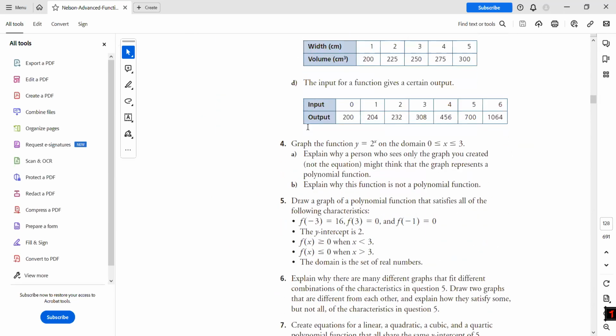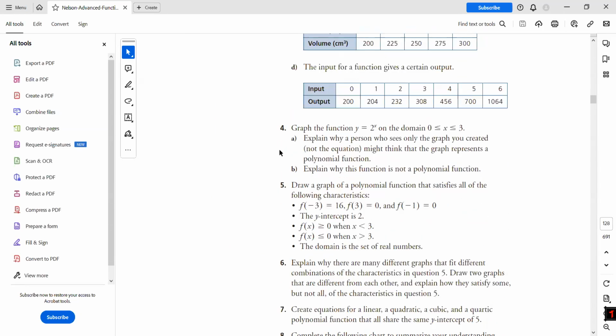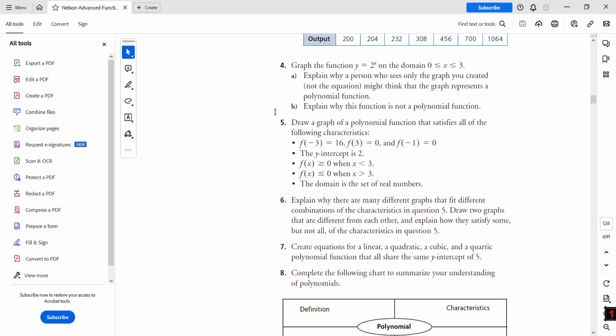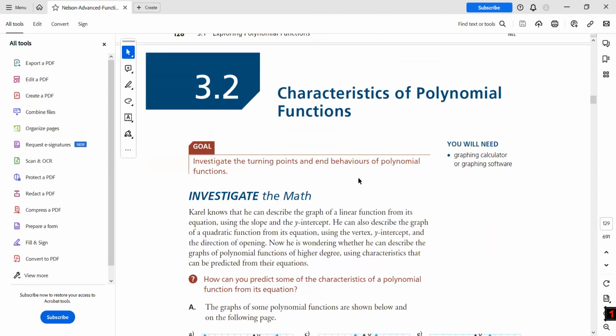We're gonna skip these not so interesting problems for now. You can do this as part of your home assignment. They're very simple problems. But I really would like to talk about characteristics of polynomial functions.